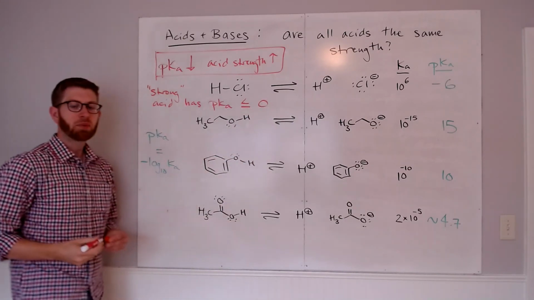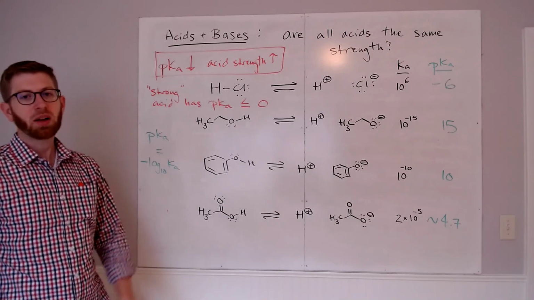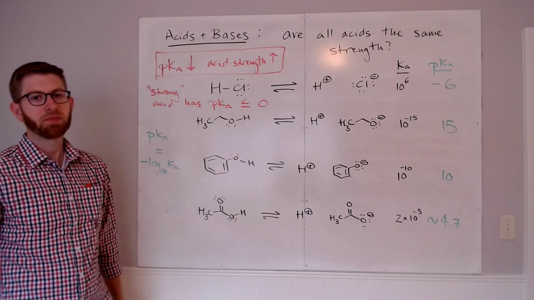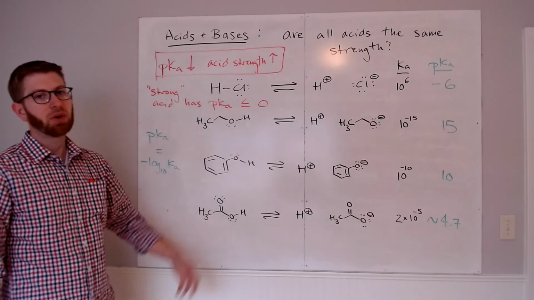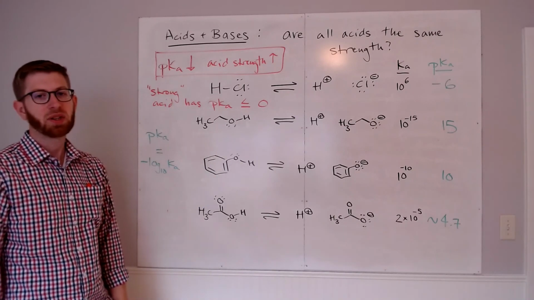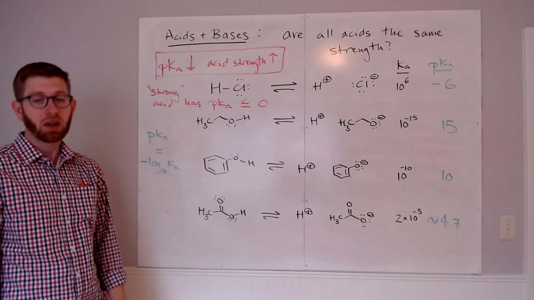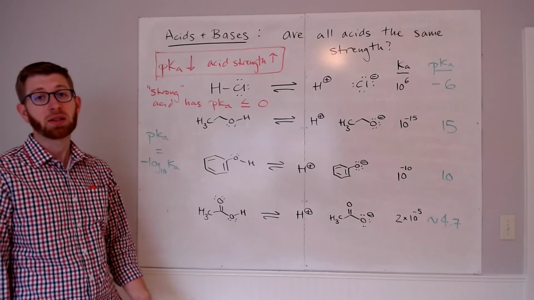So anything that has a pKa of 0 or a negative pKa value, we would basically talk about as a strong acid. But as you can see in our table, maybe talking about a strong acid isn't all that useful. It's more like, is an acid stronger or weaker than something else, right? So we're really going to be focusing on comparisons here.